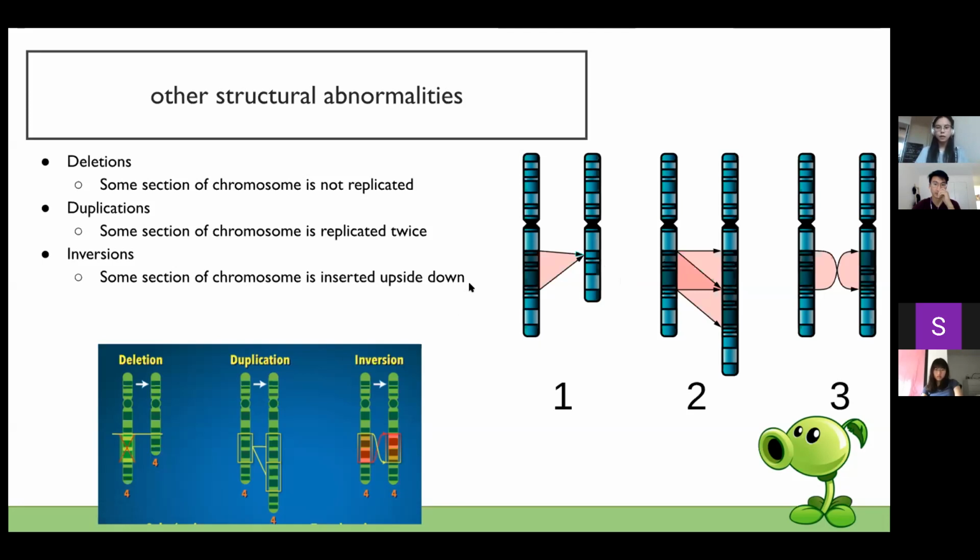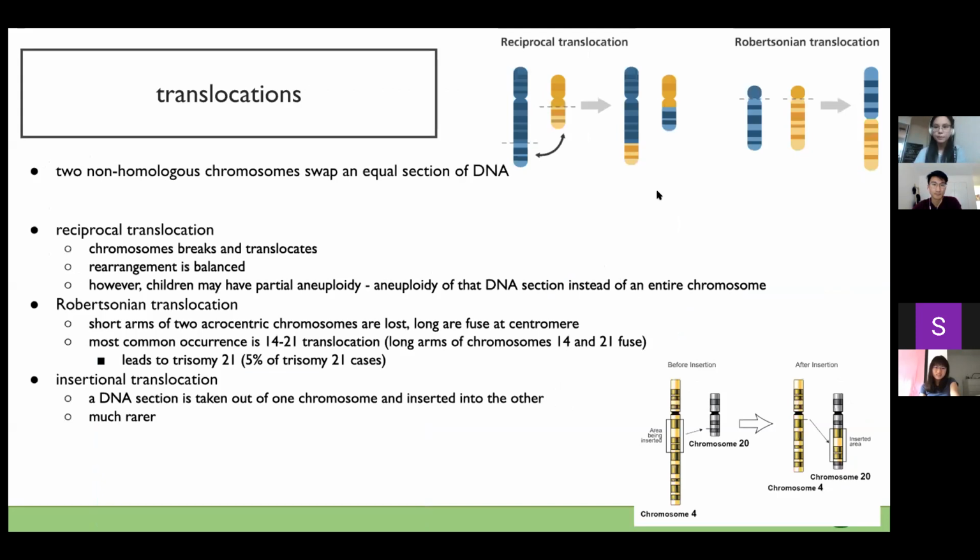A question from Karina. I just want to ask about the Robertsonian translocations. For the Robertsonian translocation, is it that they break up from the centromere and then join together? Yeah, basically. So you see the dotted line here, that's basically the chromosome breaking at the centromere.